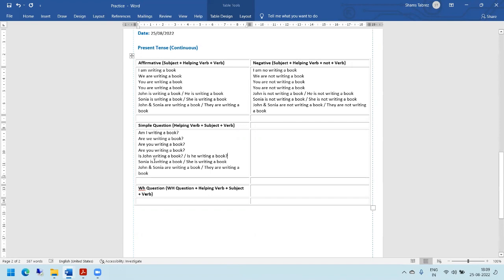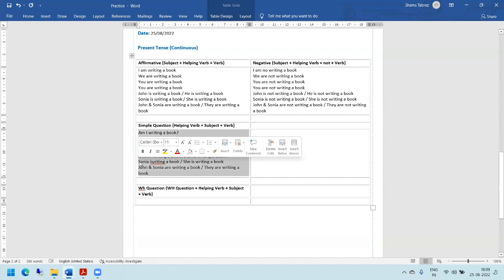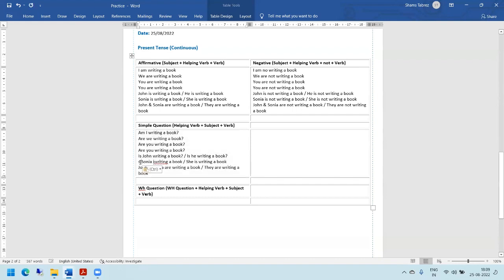Similarly, what about this? Is Sonia writing a book? Yes. Is Sonia writing a book? Question mark. Then is she writing a book?